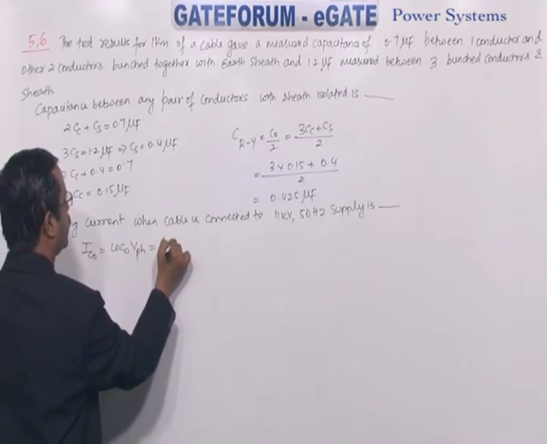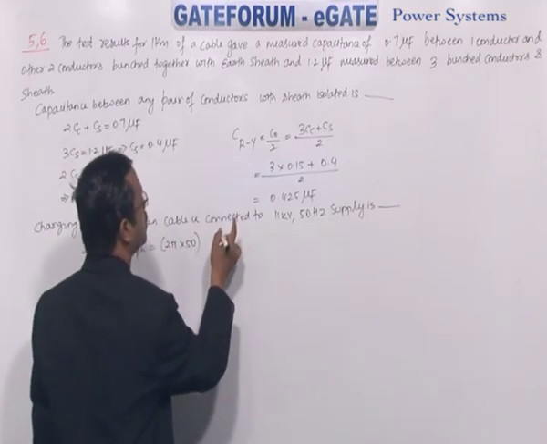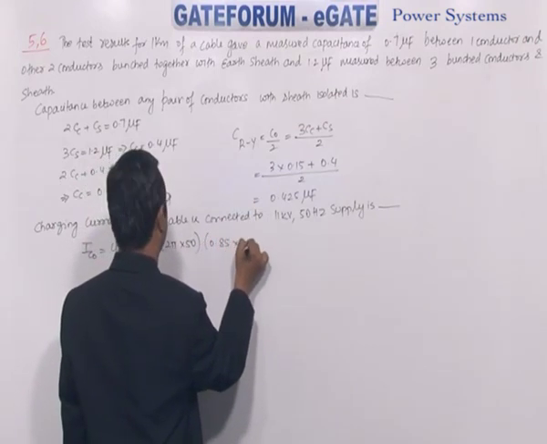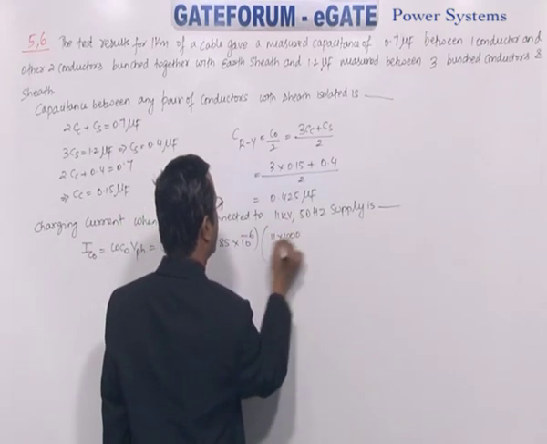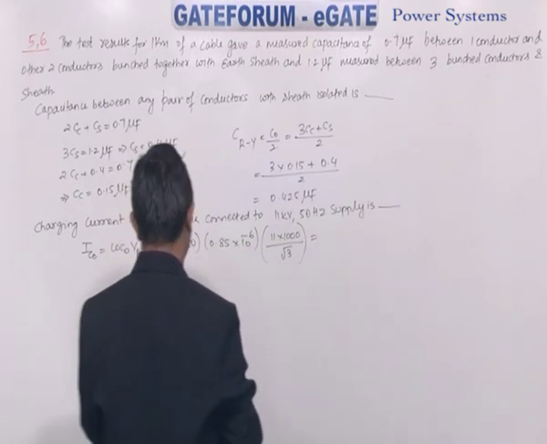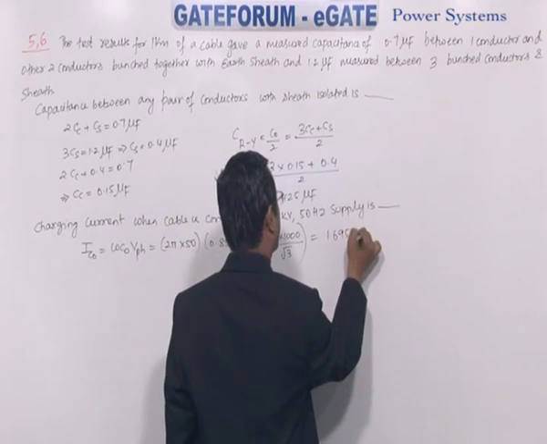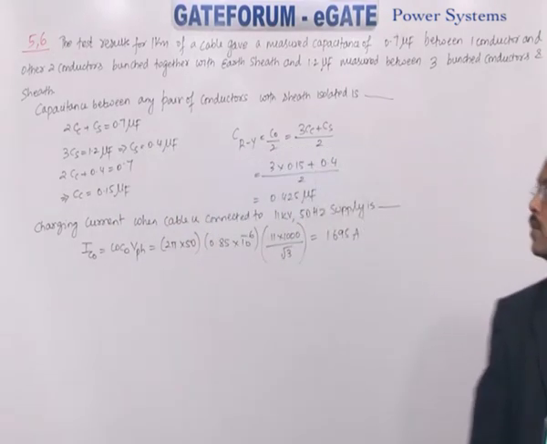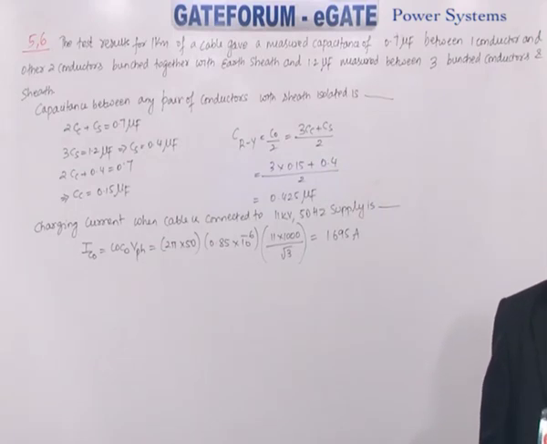Omega C0 V phase. How much is C0? 3 Cc plus Cs, you get 0.85 microfarads. What is line voltage? 11 kV. Phase voltage is by root 3. So on simplifying this one, you get the answer 1.695 amperes.